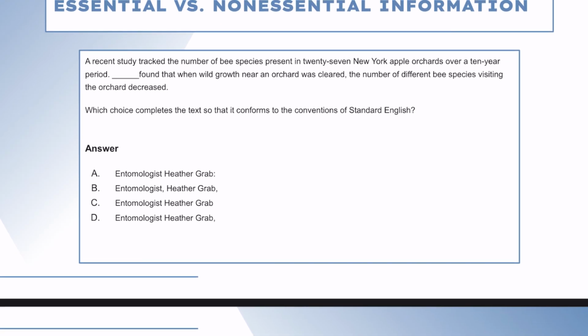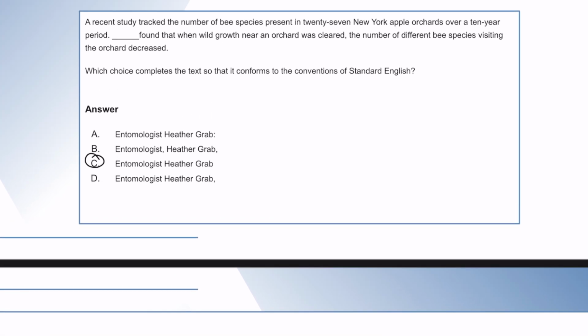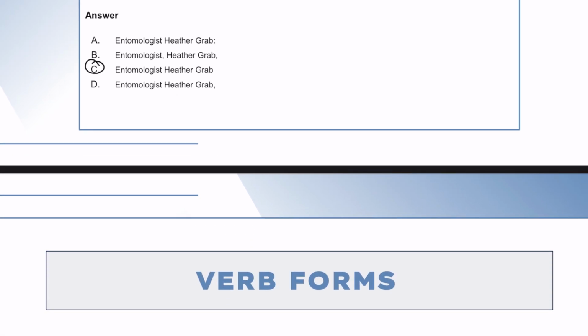So that's why choice C is going to be the best answer, because no punctuation is needed between the proper noun Heather Grab and entomologist, the title that describes Grab. Additionally, no punctuation is needed between the sentence subject, entomologist Heather Grab, and the main verb found that indicates what Grab did, because it is essential.